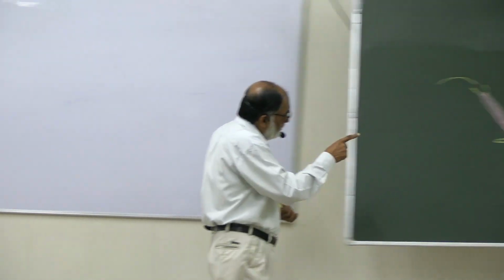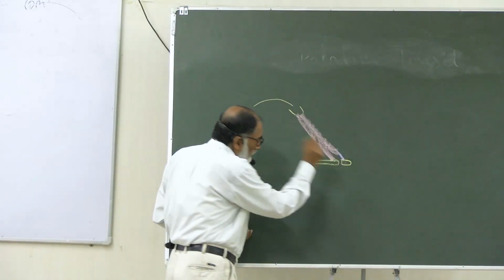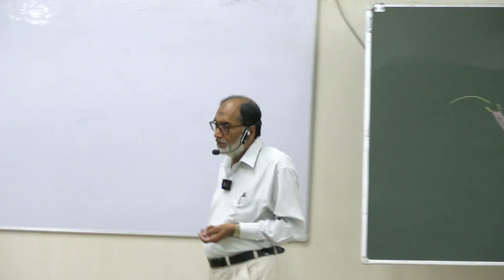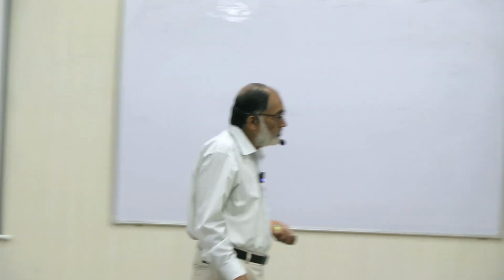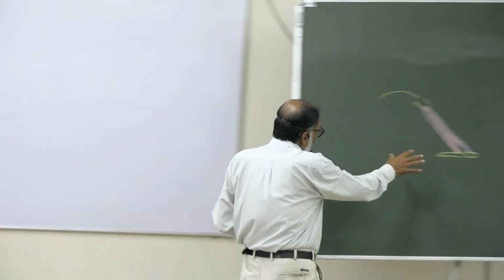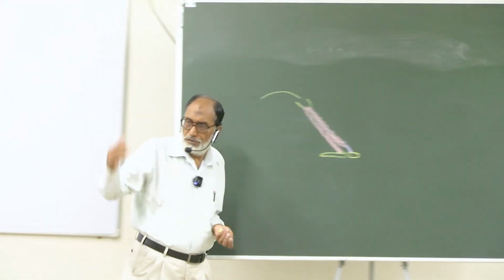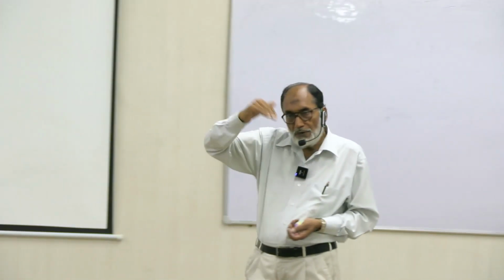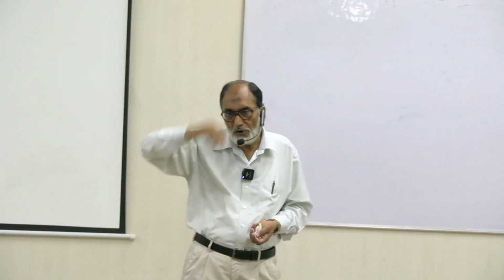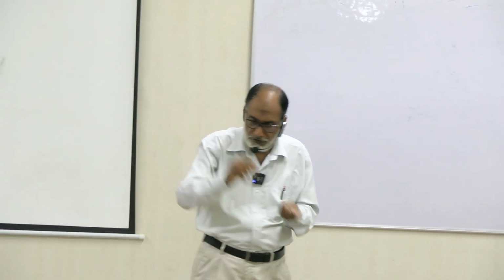The part taking origin from the manubrium is tendinous in origin, and the part taking origin from the clavicle is muscular.